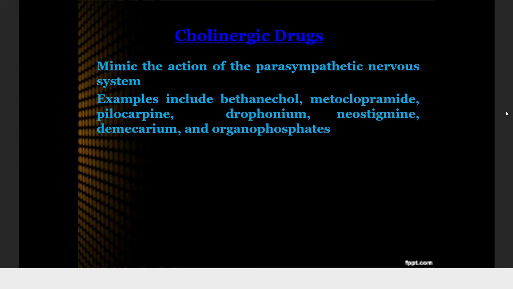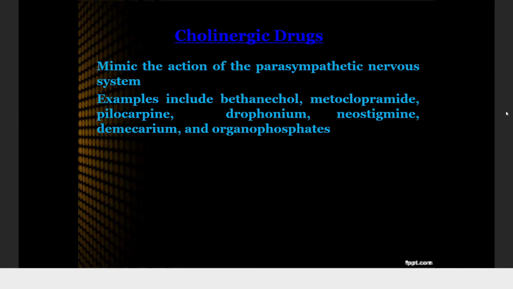Now the adverse effects of bethanechol, not side effects, the adverse effects. They are actually quite mild. They include vomiting, diarrhea, salivation, and also anorexia. Anorexia is more towards prolonged use of bethanechol.